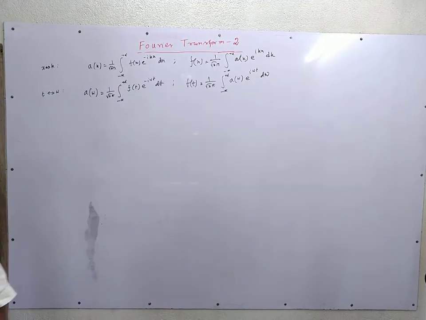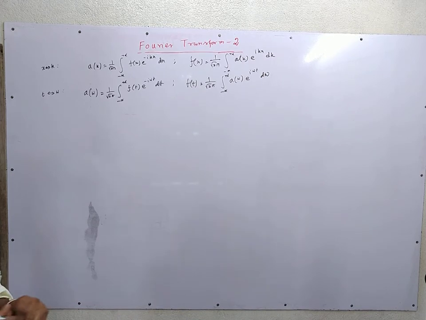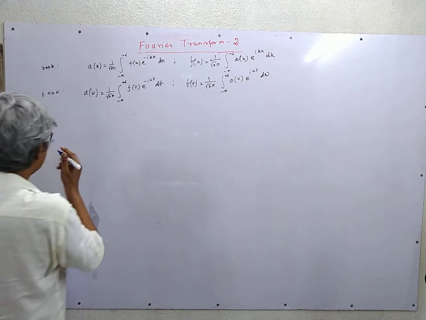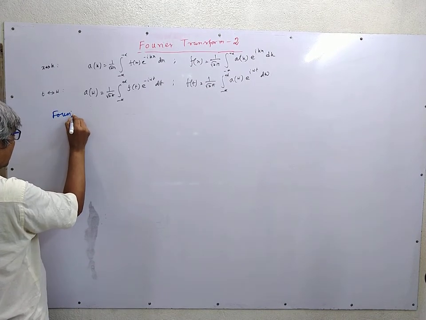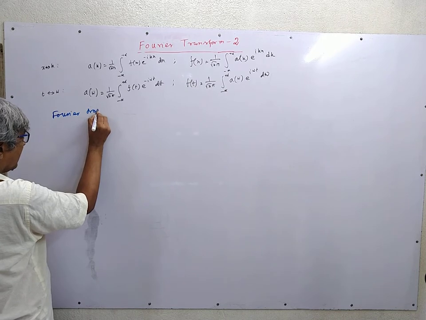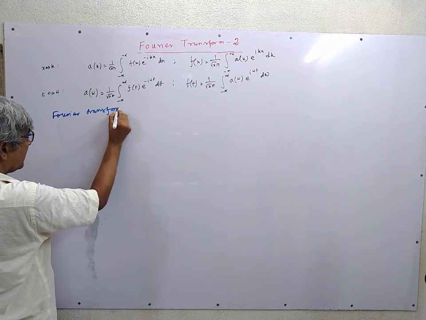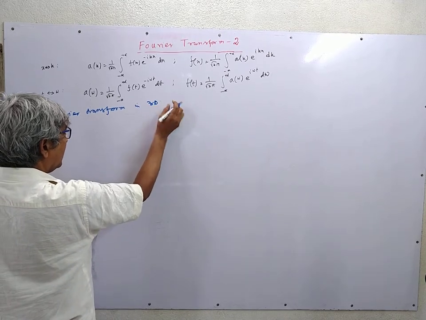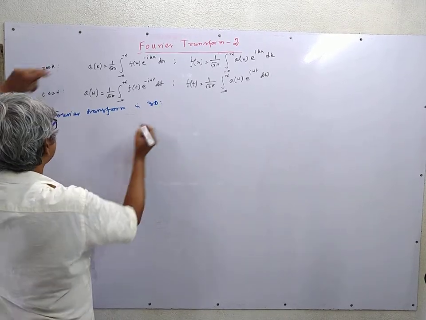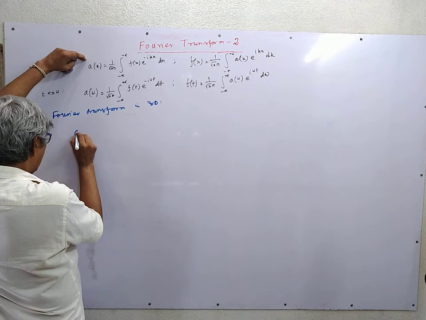Now we come to the Fourier transform in more than one dimension, that is, we consider the Fourier transform in 3D. For the Fourier transform in 3D, we write this equation.